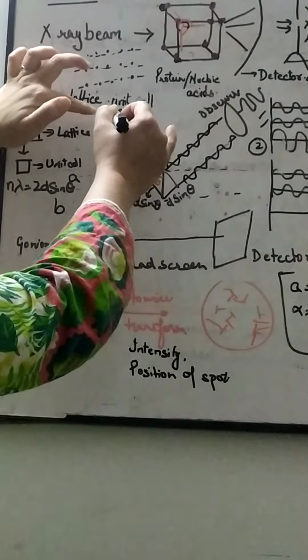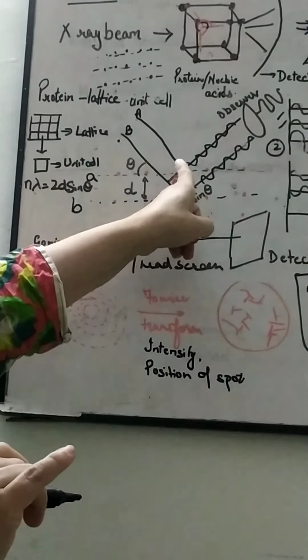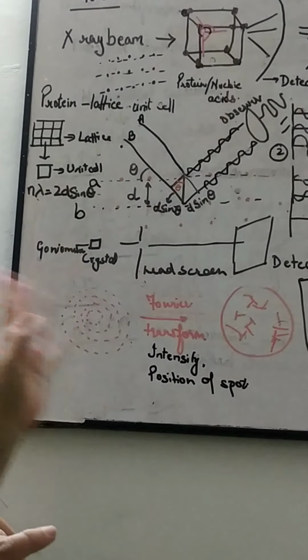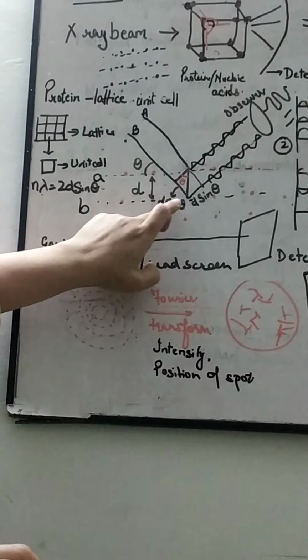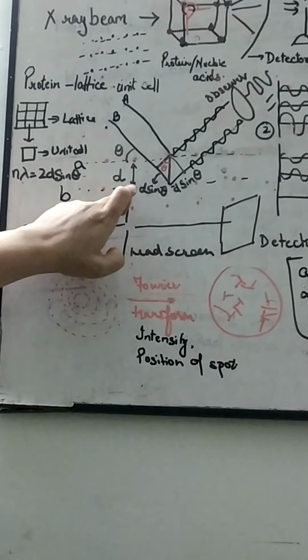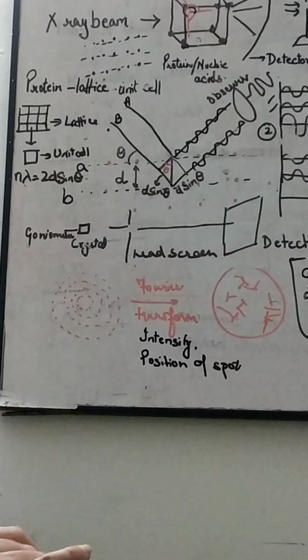Now, say A and B are the two waves. A comes, goes to the plane, gets diffracted, and goes to the observer. B goes to the second plane, which we are representing here, and is again diffracted from the plane.